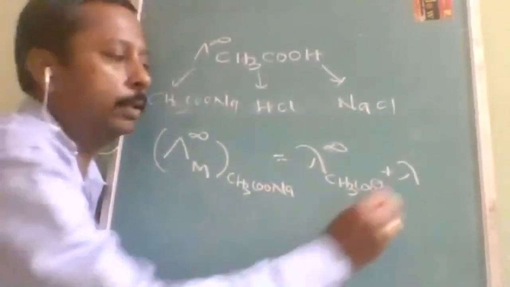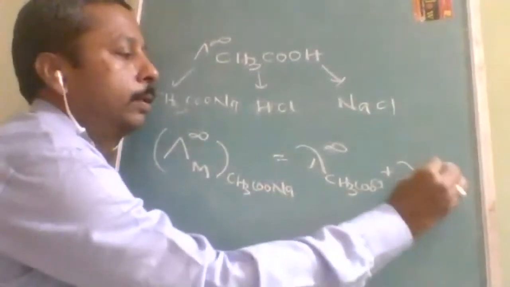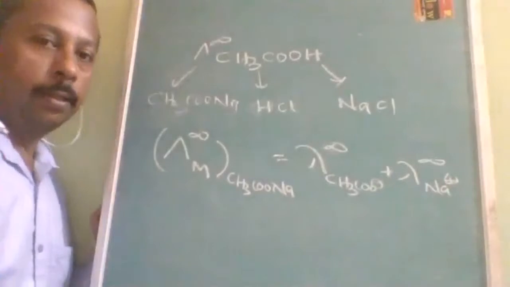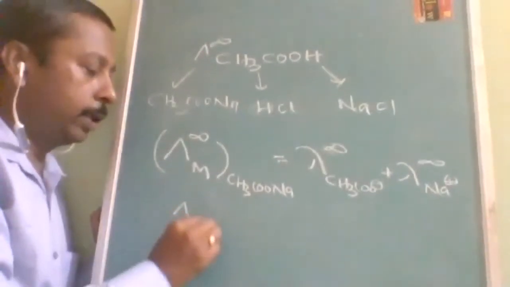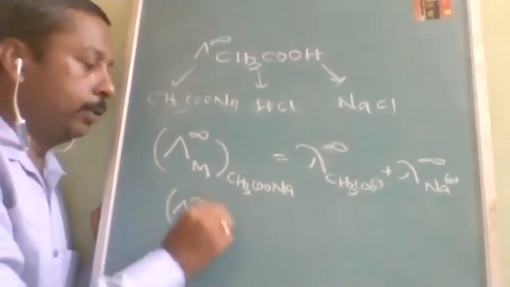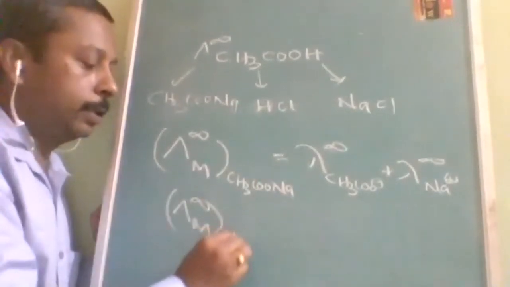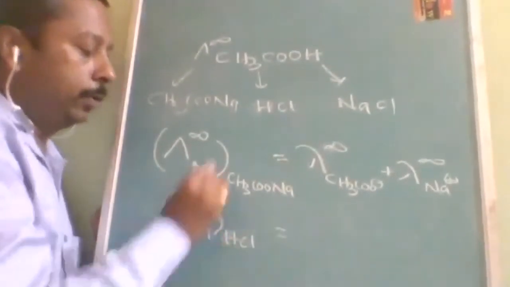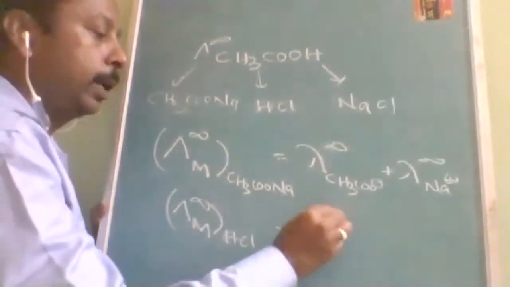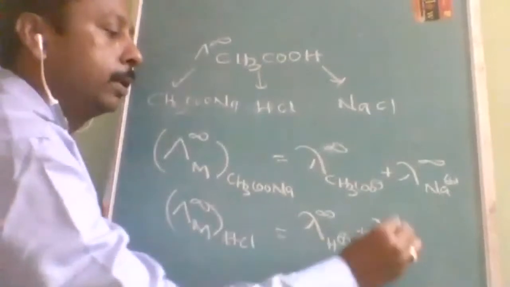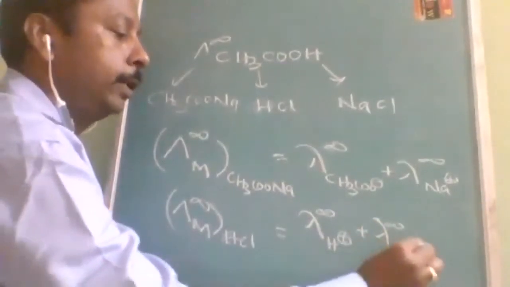Kohlrausch's law. So it is Na plus, this is also at infinite dilution. Now what can we find out? Molar conductivity at infinite dilution of the second one, HCl, according to this law, is equal to lambda infinity of H plus plus lambda infinity of Cl minus.